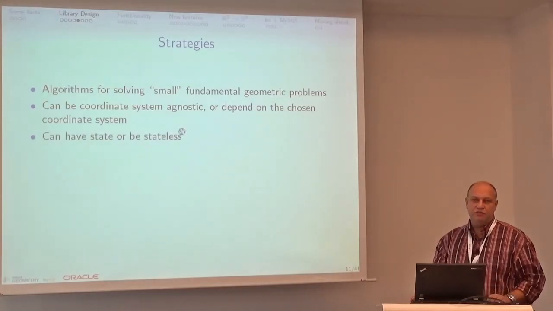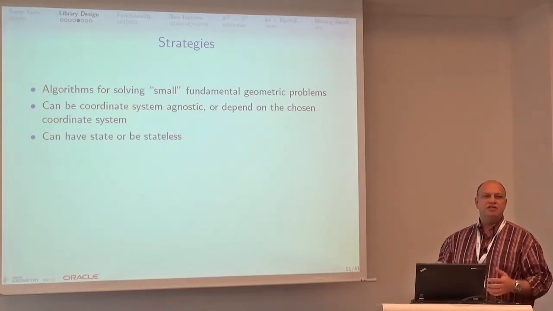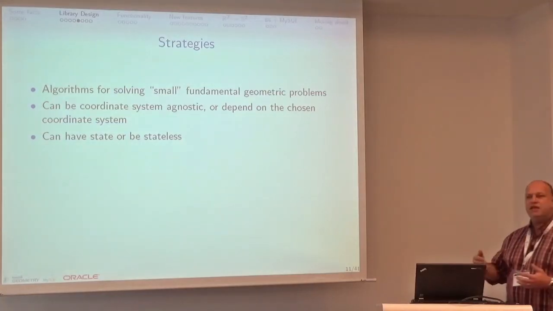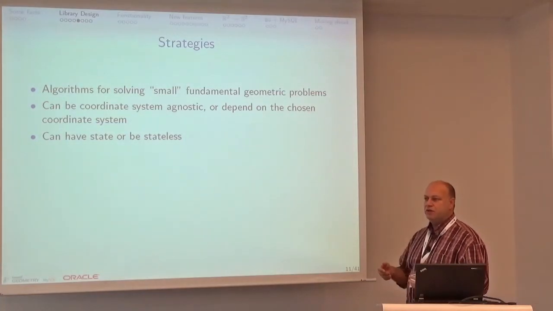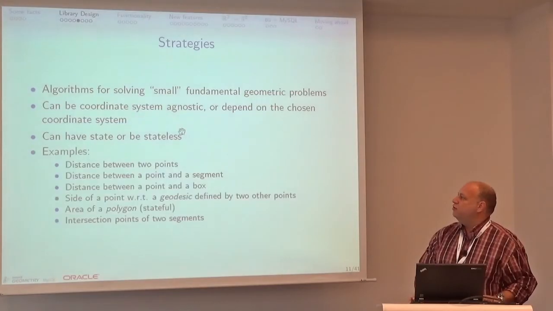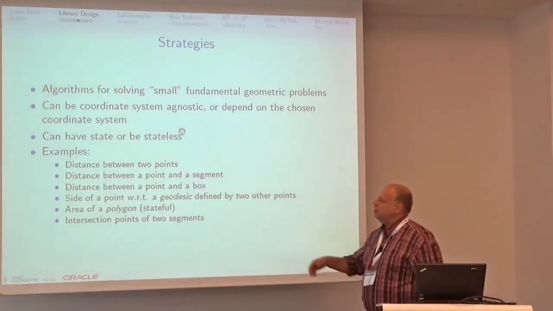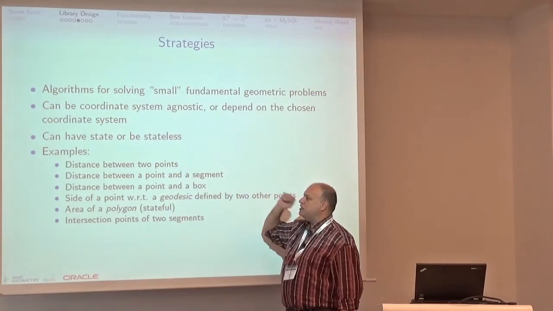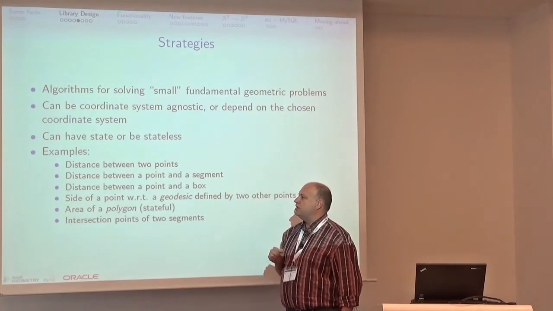And they can have state or be stateless. So imagine a strategy which is called many, many times. You may want this strategy to really keep some state along with it because of the outcome that it really wants to give you back. So just some examples. A distance between 2 points is a strategy. A distance between a point and a segment is a strategy. A distance between a point and a box is a strategy.